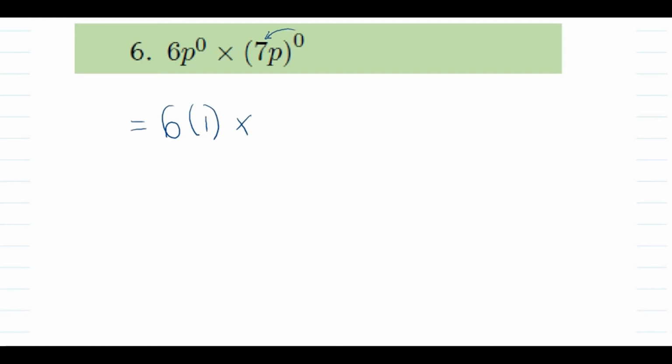So times it by 7 to the power of 0 multiplied by p to the power of 0. Okay, so I'm just rewriting everything so you see what's going on. So 6 times 1 is 6 multiplied by anything to the power of 0 is 1 multiplied by 1 multiplied by 1. Therefore, the answer for your number 6 is 6 times 1 is 6.